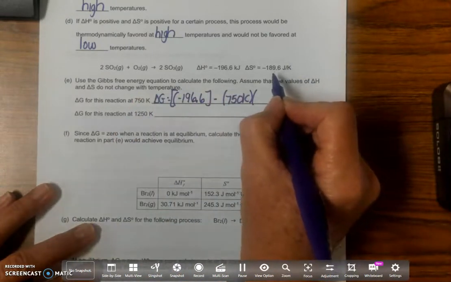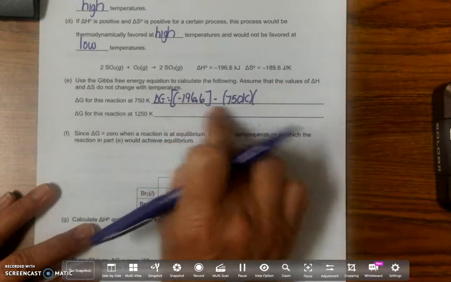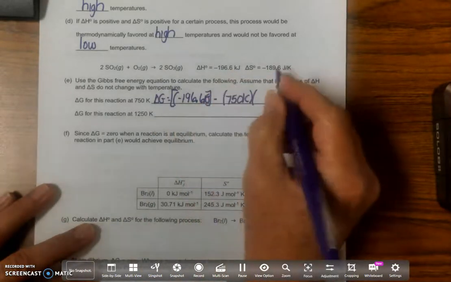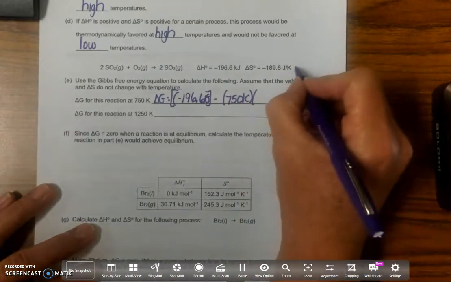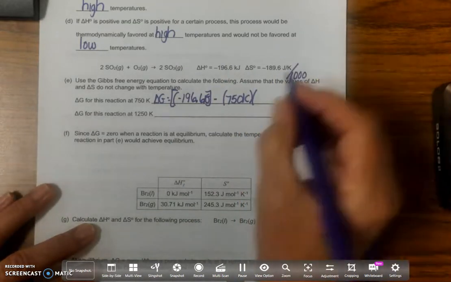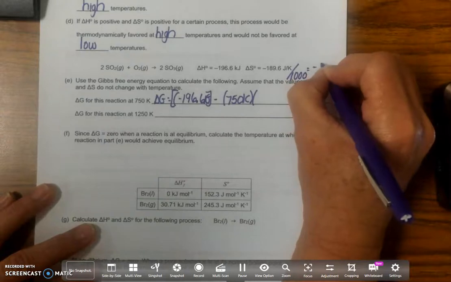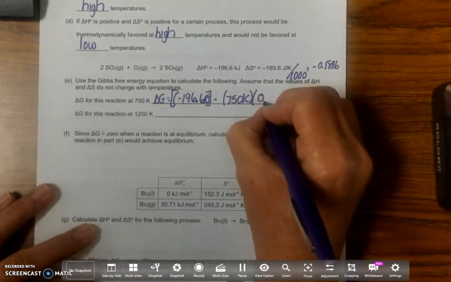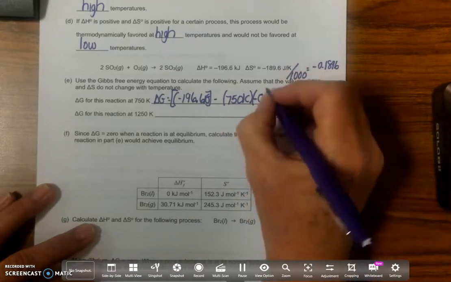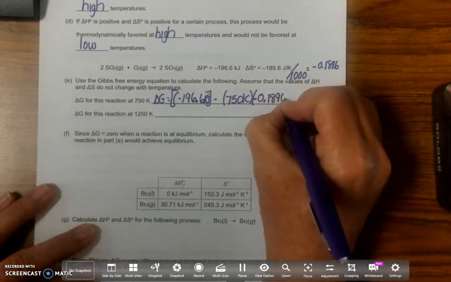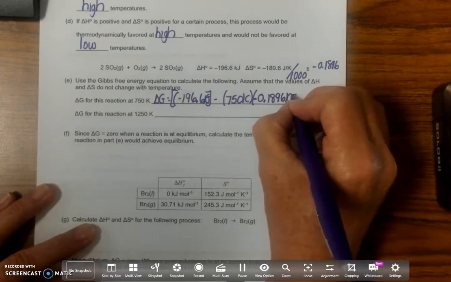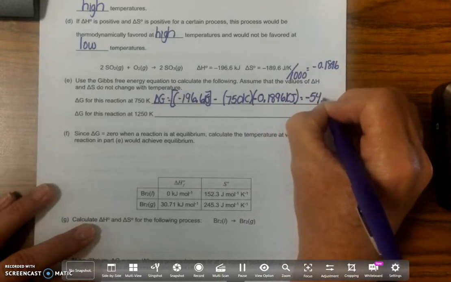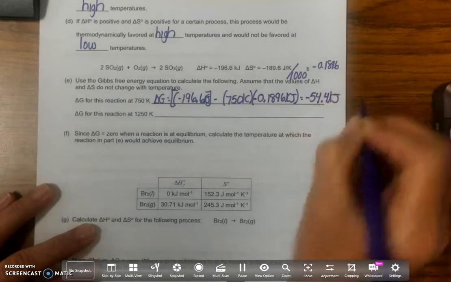And again, now that we're combining terms in one equation, this is in kilojoules, so I've got to convert delta S to kilojoules, so I'm going to divide by 1,000, and that gives me negative 0.1896 kilojoules per kelvin, and that equals a negative 54.4 kilojoules.